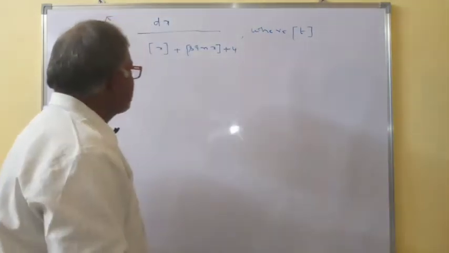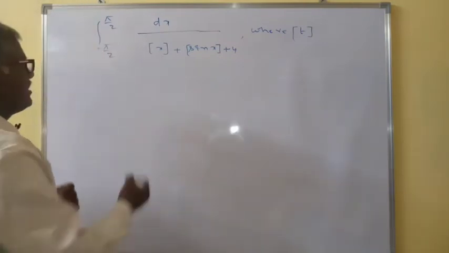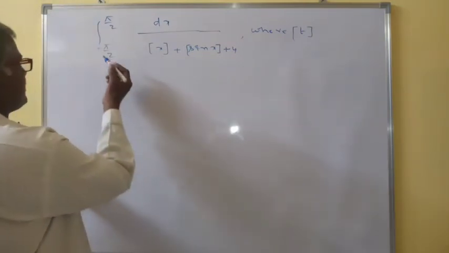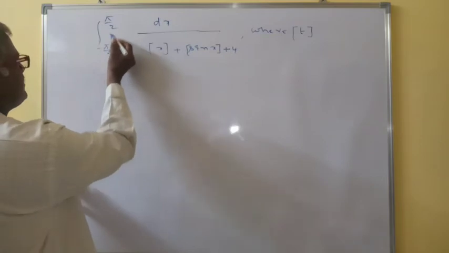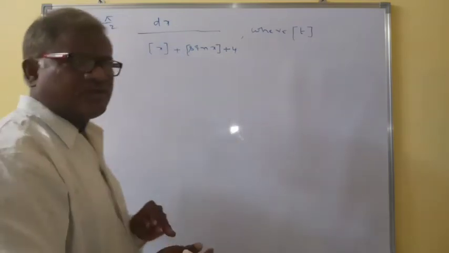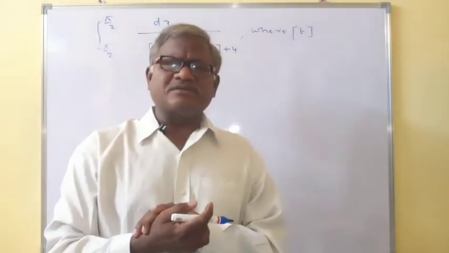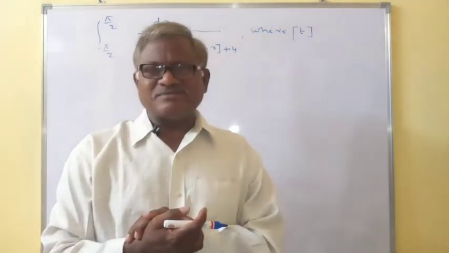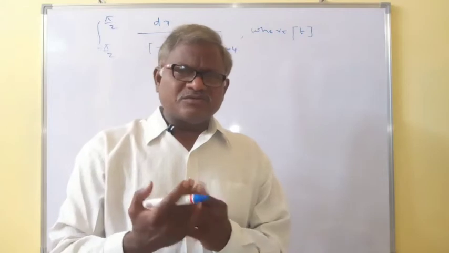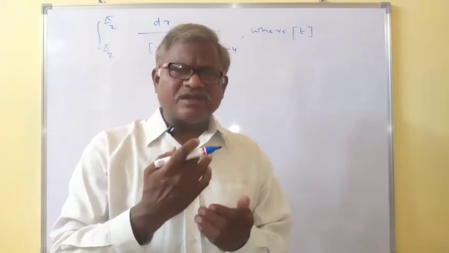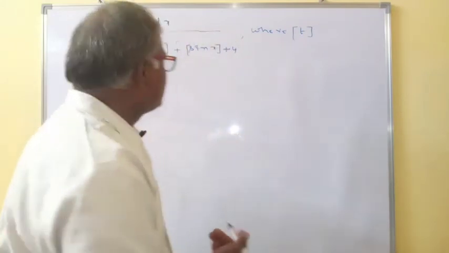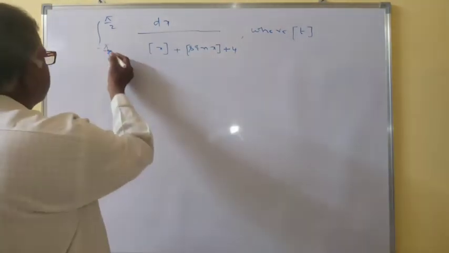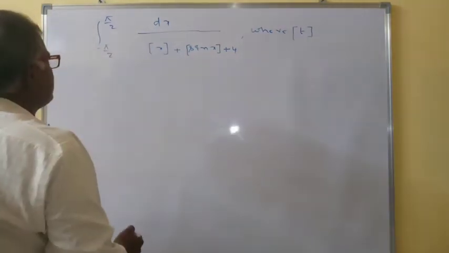So first of all, here you see the integral from minus pi by 2 to plus pi by 2 of dx by [x] plus [sin x] plus 4. We have to split into different intervals, because here it is minus pi by 2 to pi by 2.